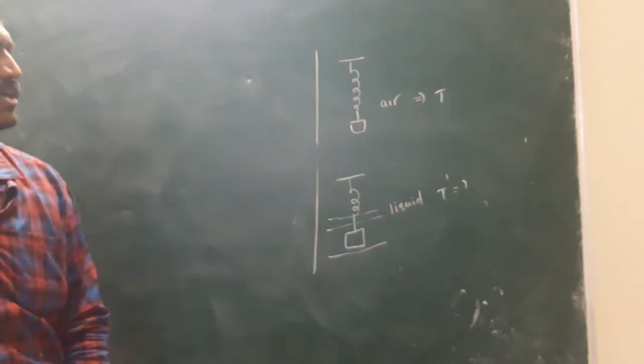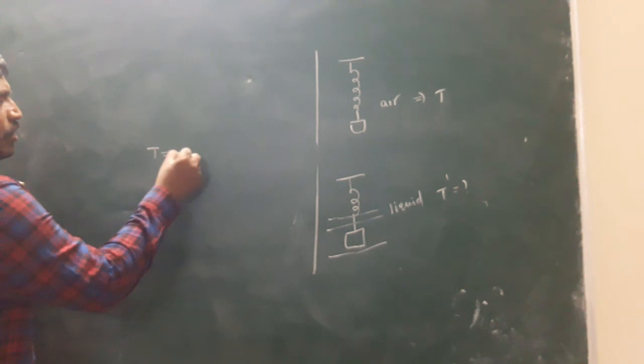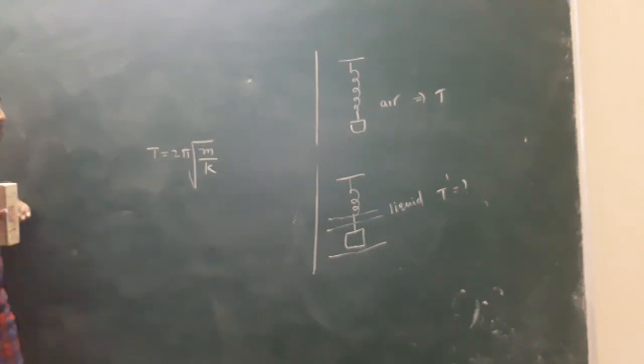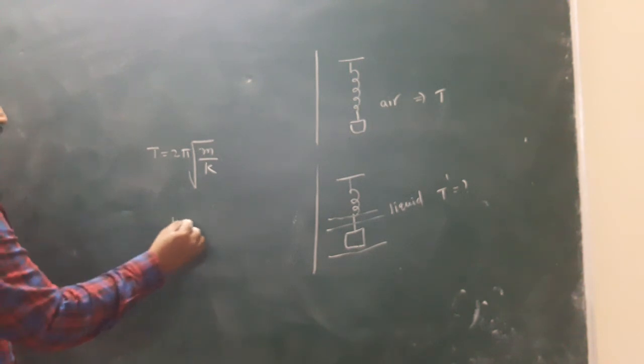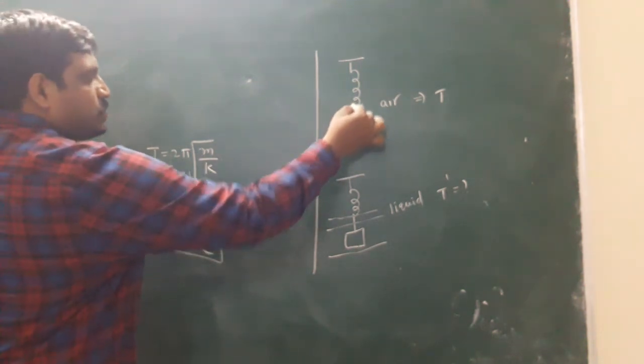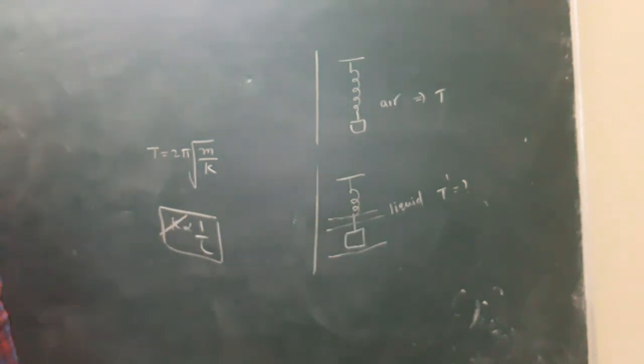What happens to the time period? What is the time period formula? 2 pi under root m by k. K mainly depends upon the length of the spring. Same spring here, so length does not change, K does not change.